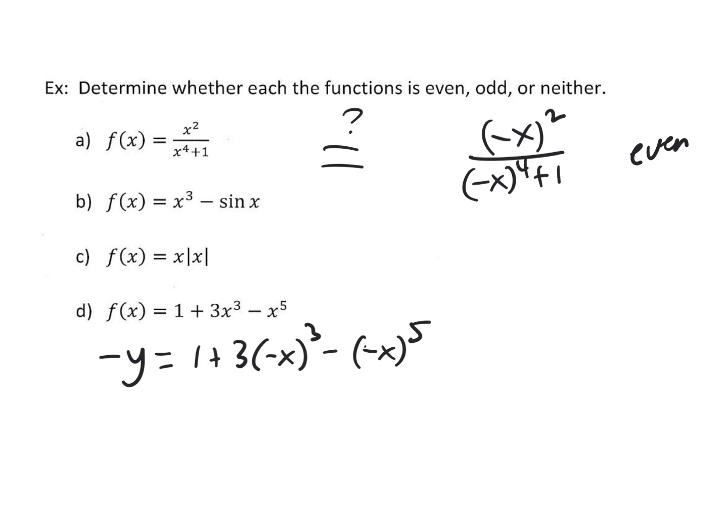And we need to say, are these two things equal to each other? Because if they're equal to each other, then we're good. If they aren't, then it's a neither. Or I guess it could still be an even. We could test even. I'm not feeling real confident about that. But are those the same?